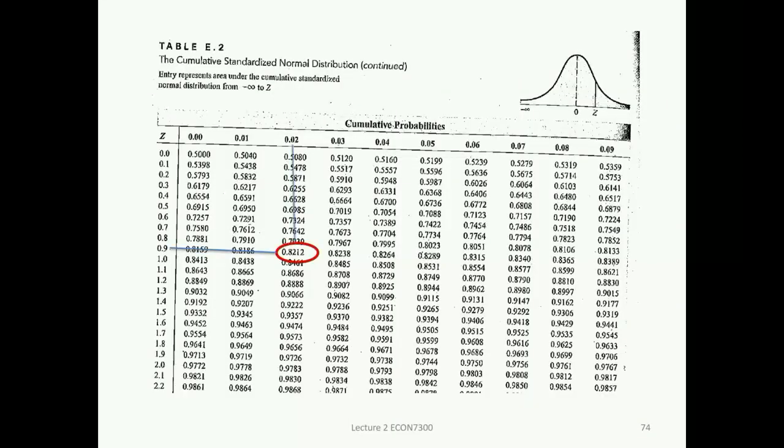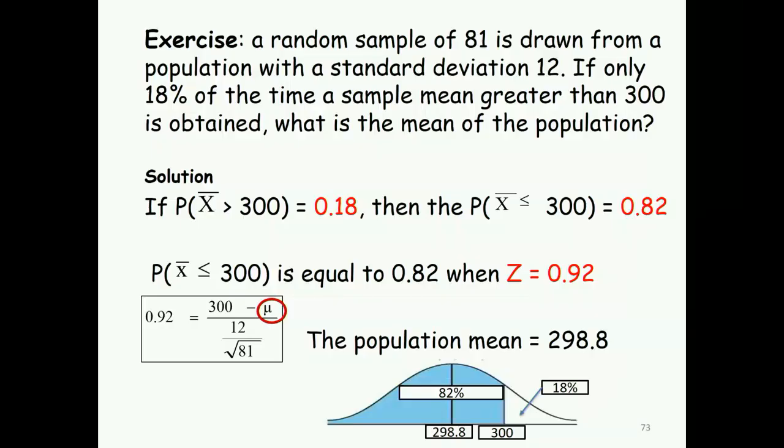The 82% gives me the Z value of 0.92. Once I have that, I could answer the question because the question is about the population mean. So I go here, 300 is given, 81 is the sample size, 12 is the population standard deviation, and finding this one is mu.